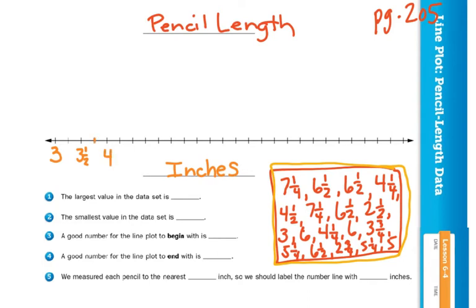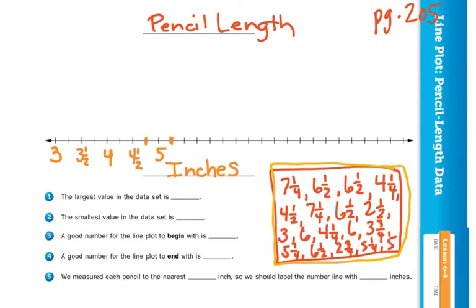This would be 4. We're going to go in equal increments. The next one would be 4 1/4. This would be 4 2/4, or in other words, 4 1/2. Then we would have 4 3/4. This would be 5.